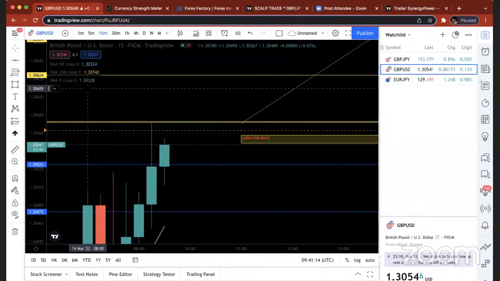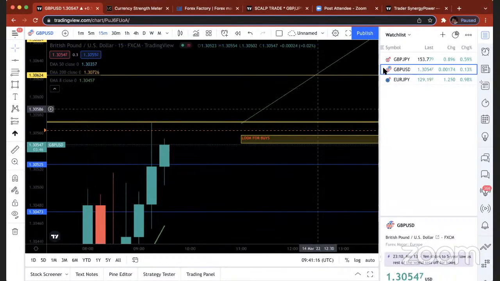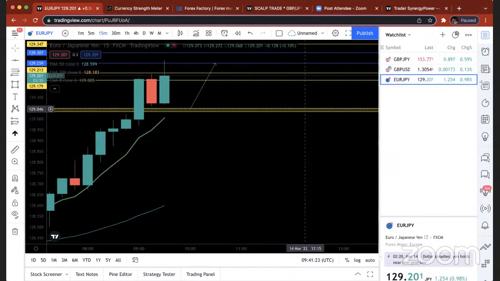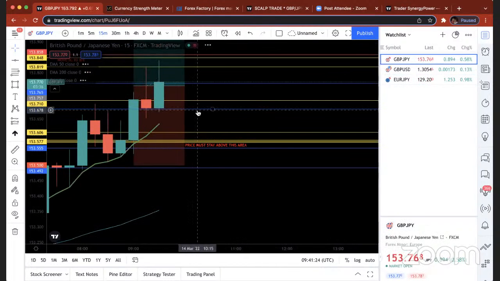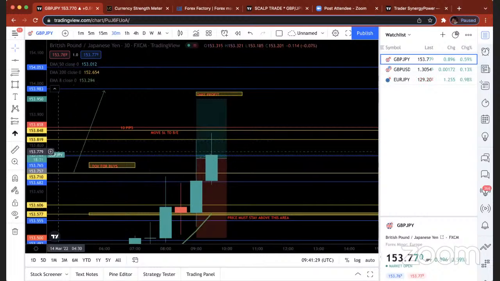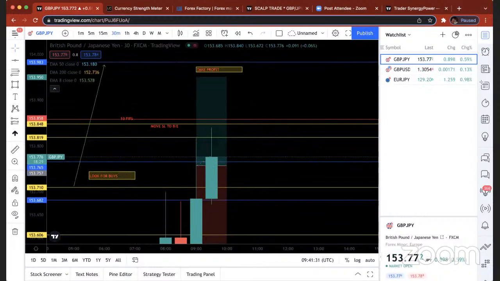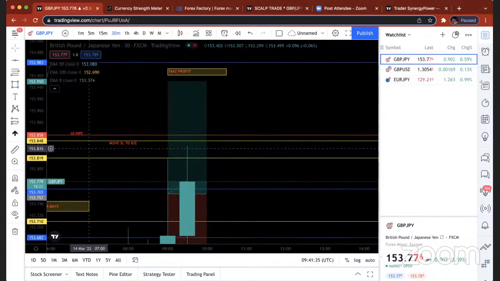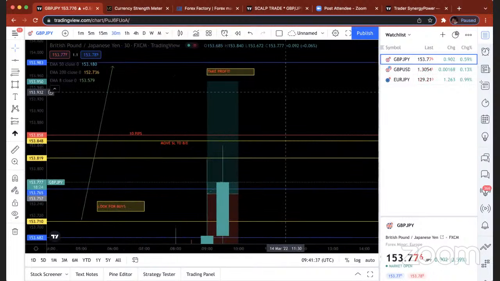GU setting up, you guys. You're probably flying. I haven't moved my stop loss to entry just yet. I'm letting the trade breathe a little bit.